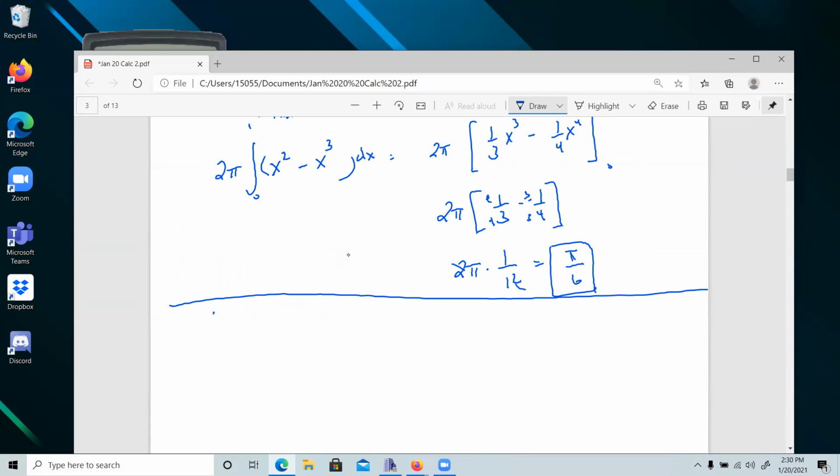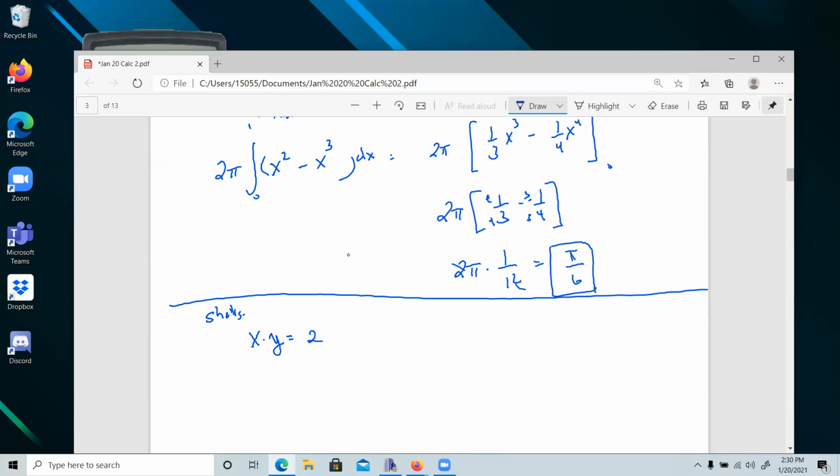Since we're in the shells part, we're just going to say that we're going to do all of these by the method of shells rather than the method of cylinders, even though some of these can be done the other way around. When they see this, I used to hate this as a student, and now I love it.